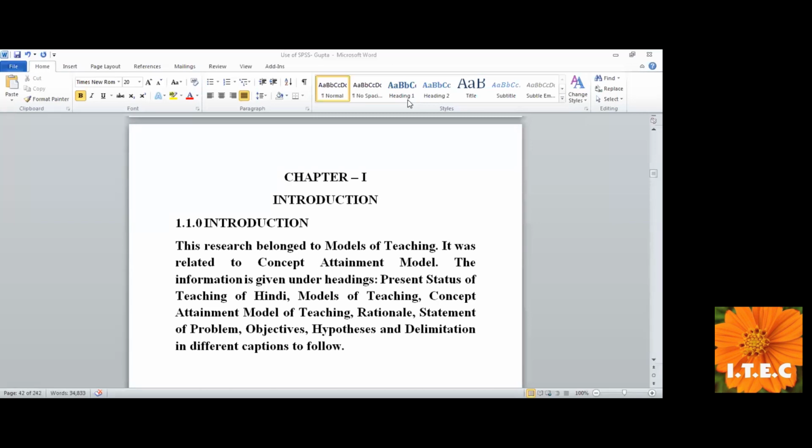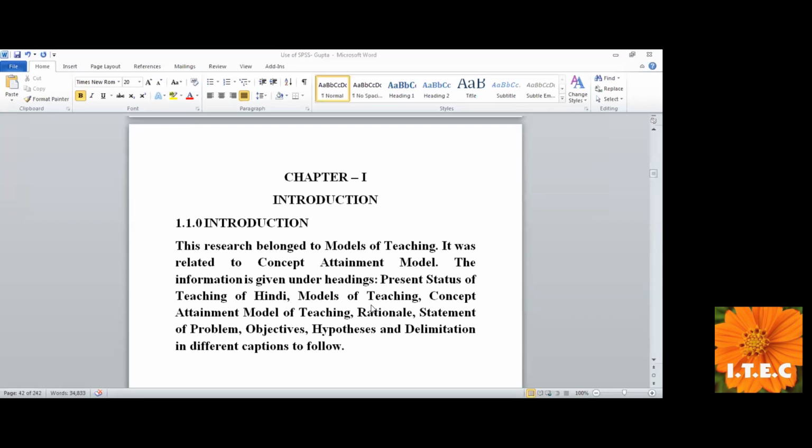Background comes as I am writing, that when you are talking about the present status of teaching of Hindi, this is the background. When you are talking about the models of teaching, this is the background. So you should understand the difference between introduction and background.